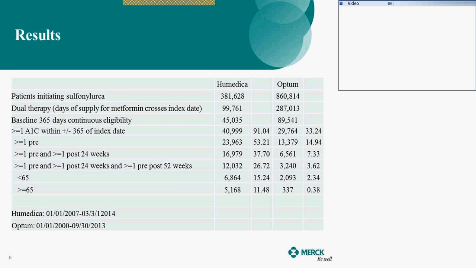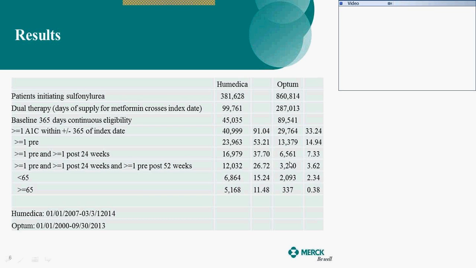And looking at the A1C data over time with more restricted criteria, the number for Humedica goes down to 27% for patients with at least 1 pre-index A1C and at least 1 post-index A1C, around 20 weeks, and 1 post-index A1C around 52 weeks.